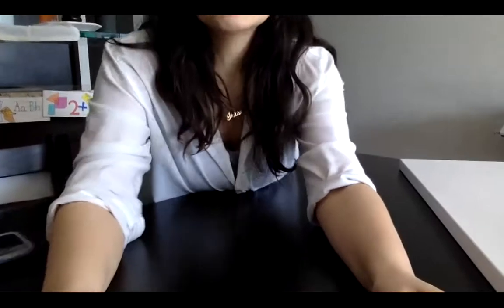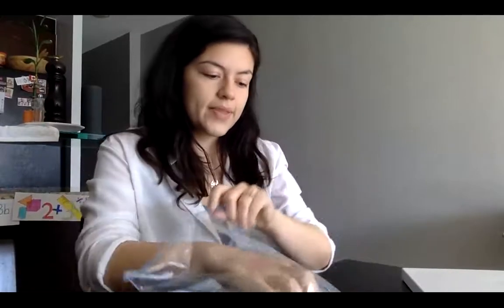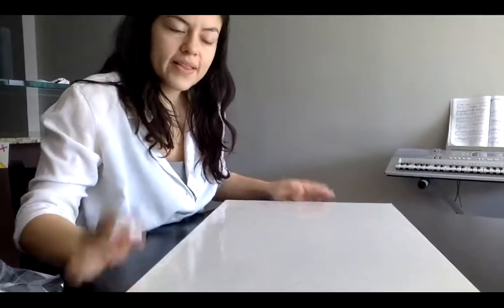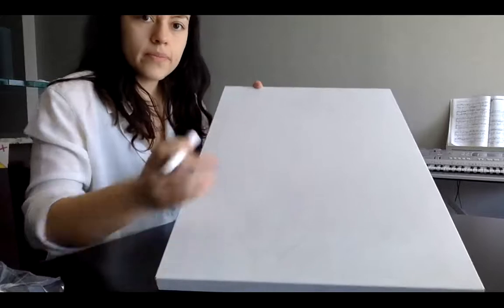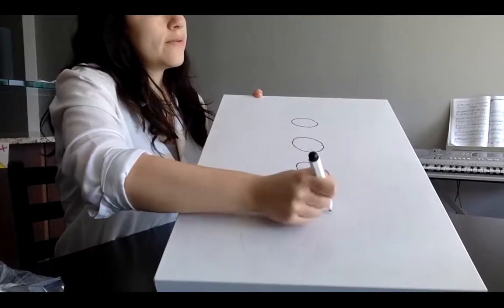And last but not least, the last strategy we learned about was our drawing strategy. So I will draw the same problem and see if I get the same results. All right, so here I have 4 candies I'm gonna draw. 1, 2, 3, 4.